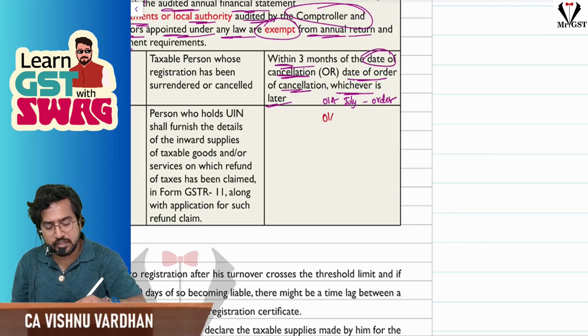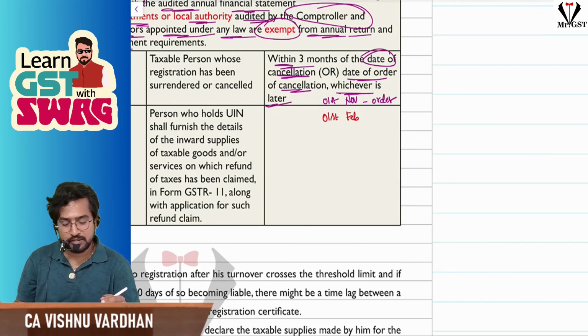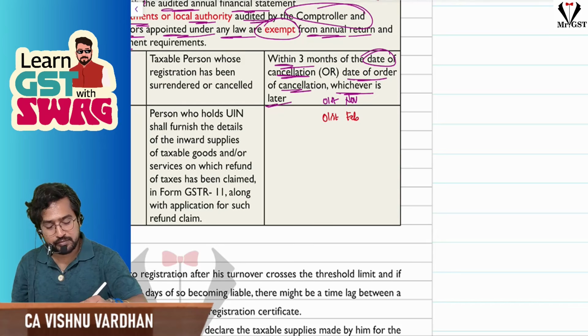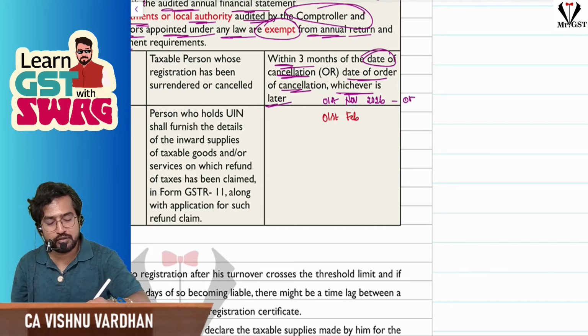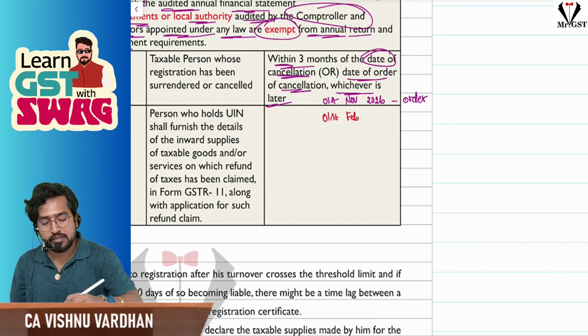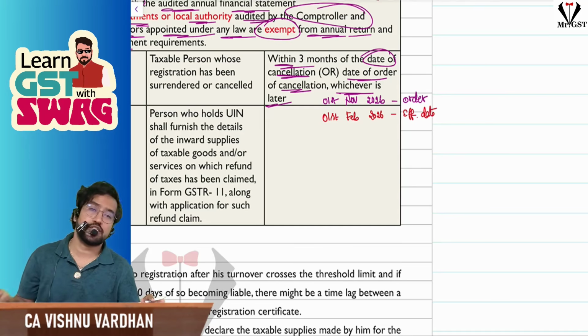Let us take 1st November 2026 as the date you got the order, cancelled with effect from 1st February 2026. This is the effective date of cancellation, with retrospective effect.